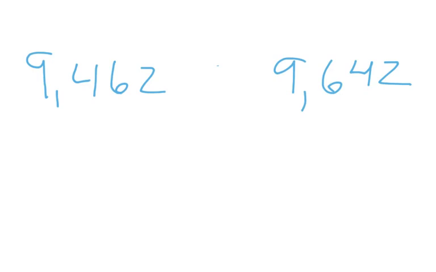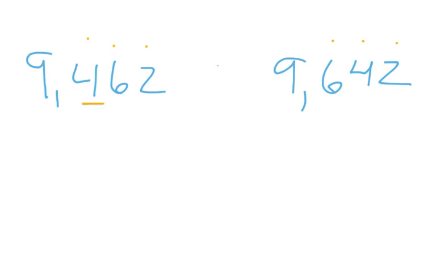Well, I always like to start at the smallest place value column, and I see that our 2's, those are the same. Here we have 4 tens and 6 tens. Here we have our highest place value column.